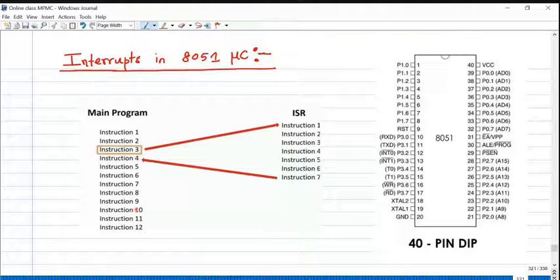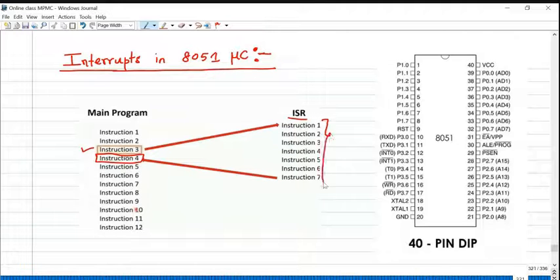Say for example, the controller is executing some main program. While executing instruction 3, the microcontroller receives an interrupt from an external device. So it completes instruction 3 first and then saves the address of instruction 4 in the stack memory. Then it starts executing the interrupt service routine corresponding to the requested interrupt.